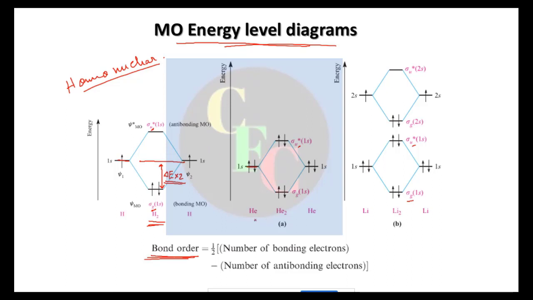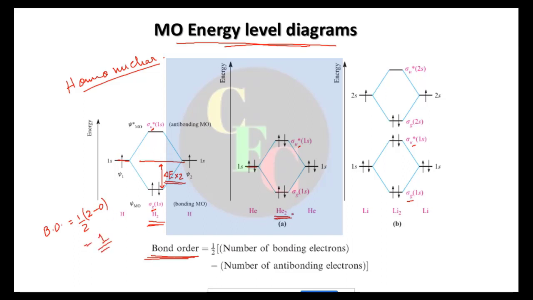If you go to helium, let's see, can helium form a bond, right? For hydrogen, if you do this calculation, the bond order is half of 2 minus 0, because there is no electron here, so it is 1.